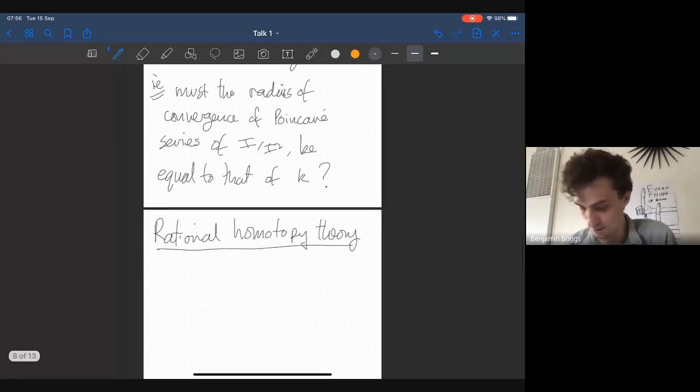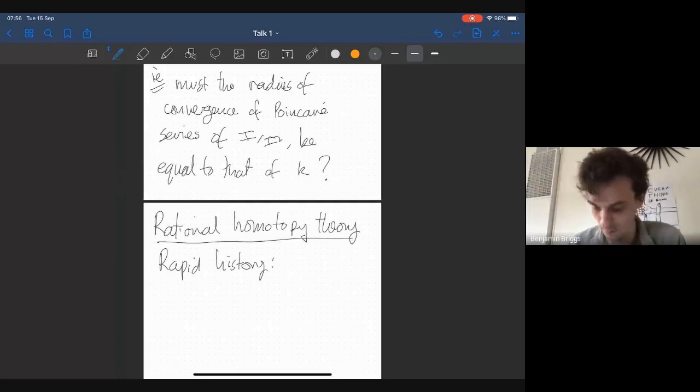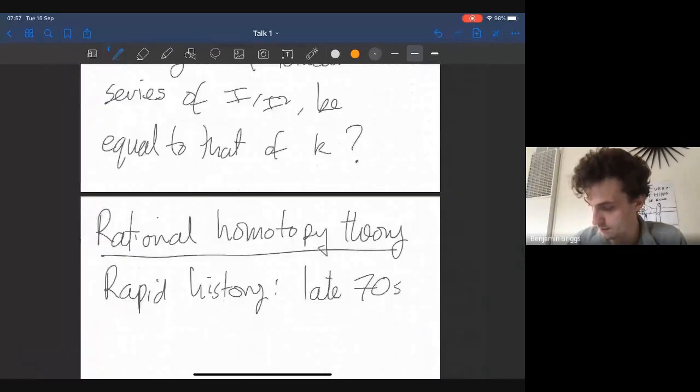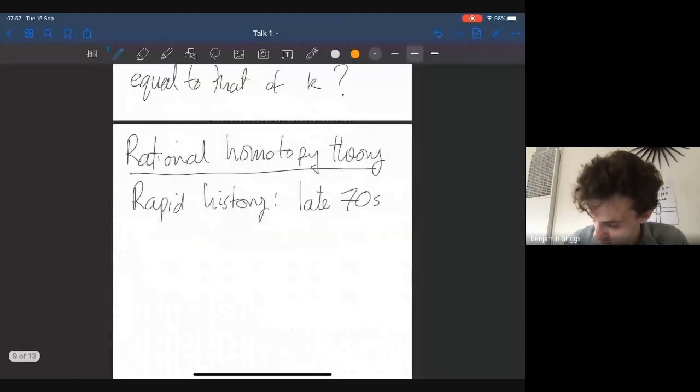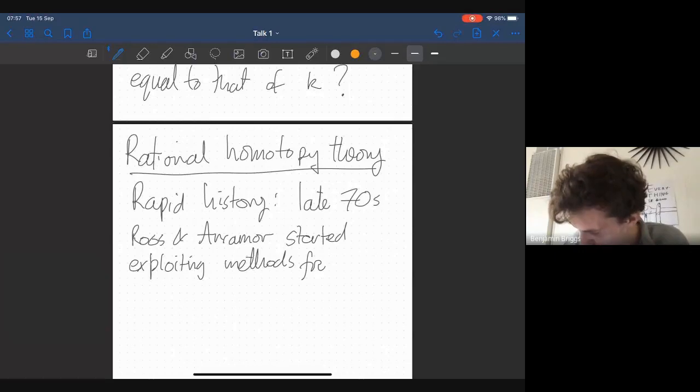So here's an unreasonably rapid history, at least from reading the history books as far as I know how it went. In the late 70s, two commutative algebraists, Roos and Avramov, started to exploit methods from rational homotopy theory.